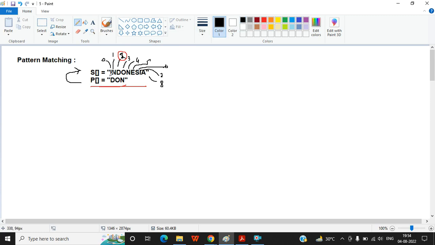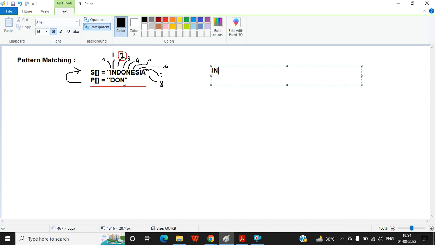Now how do we do that? How to perform? Basically, it is a very simple technique. Start searching from the first character of Indonesia, right?